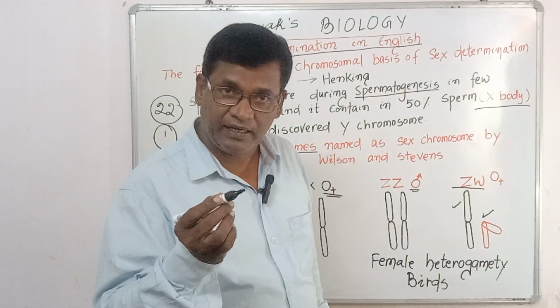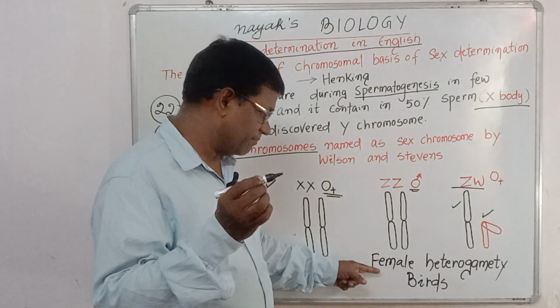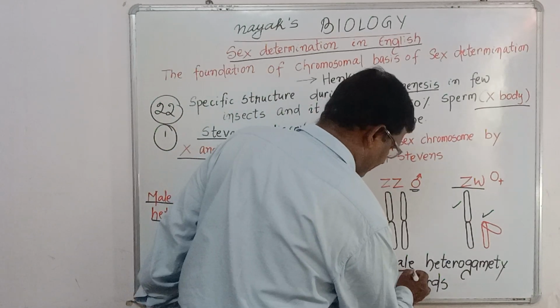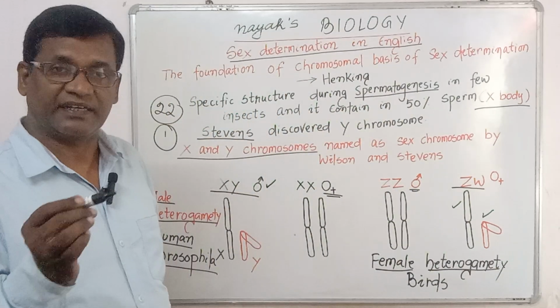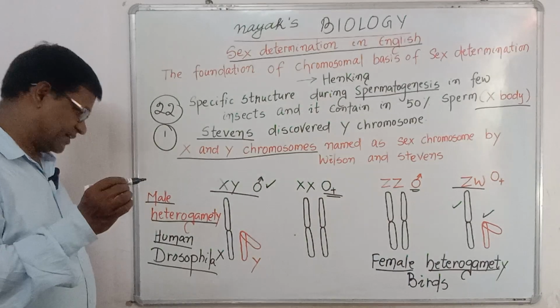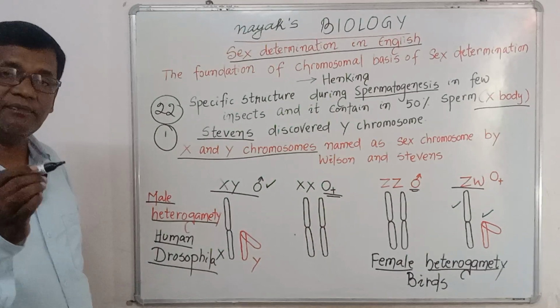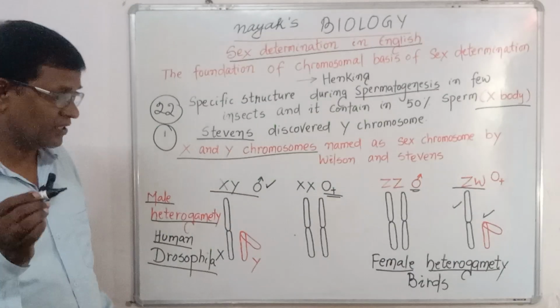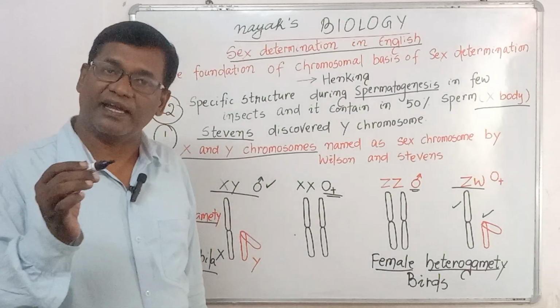When a female produces two different types of egg, we call it female heterogamy. What do you understand? If male heterogamy means the male produces two types of sperm, female heterogamy means the female produces two types of egg.